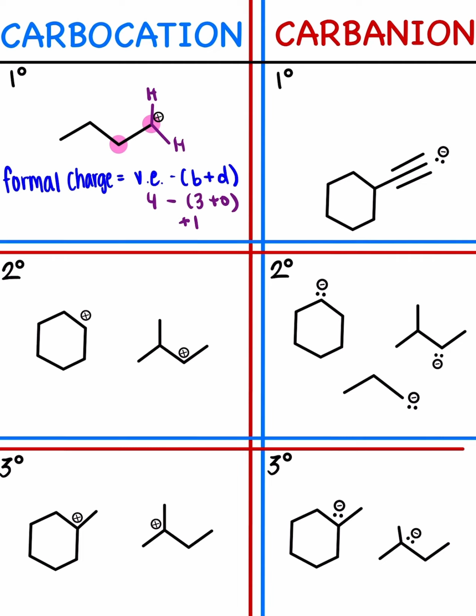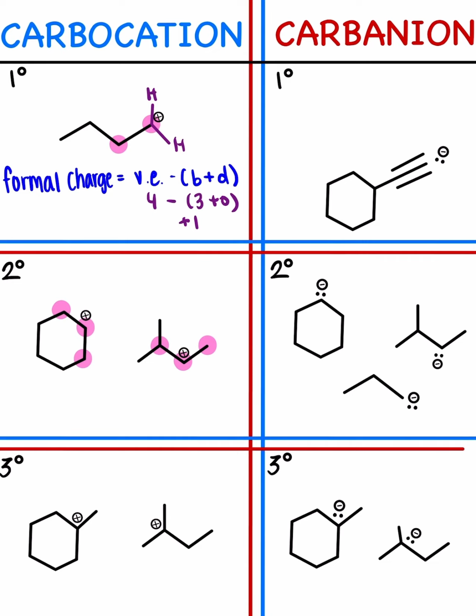Now let's go over a secondary. For secondary, this carbon here is attached to those two carbons, so it is a secondary carbocation. The same thing with this one. I just wanted you to see it in a different light, one in a ring structure, one in a linear form, so it'll be easier to see it in different ways.